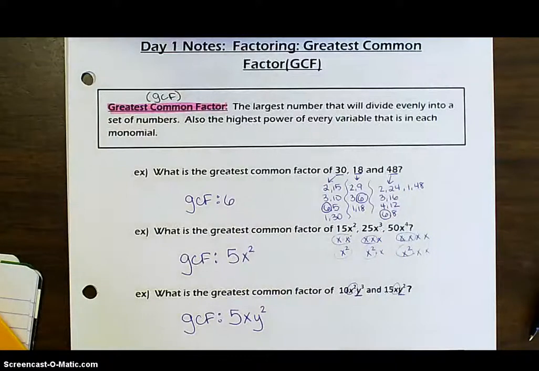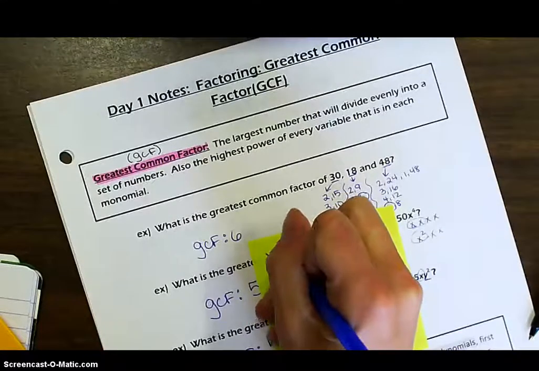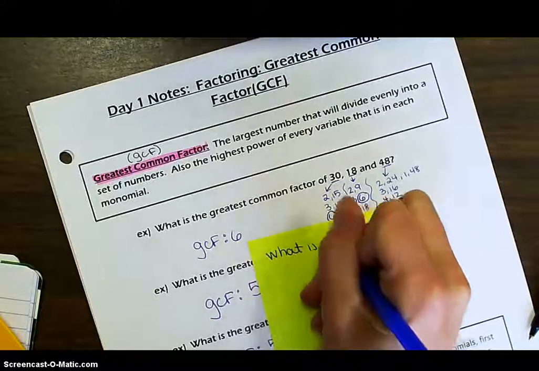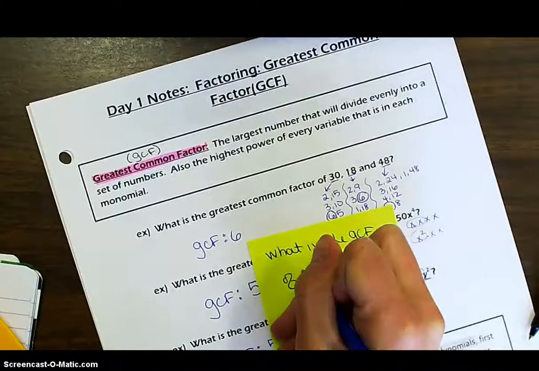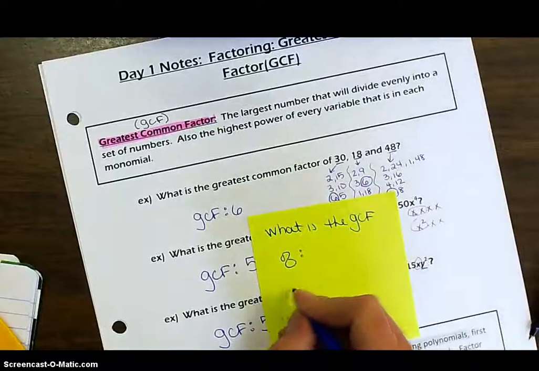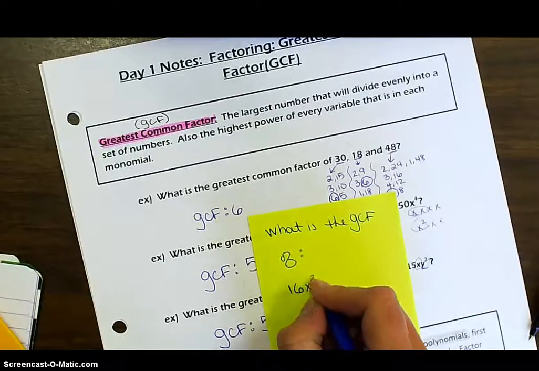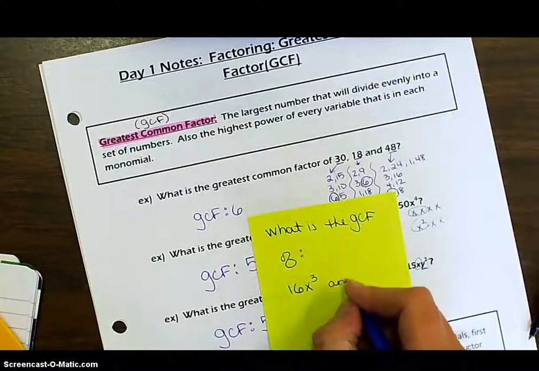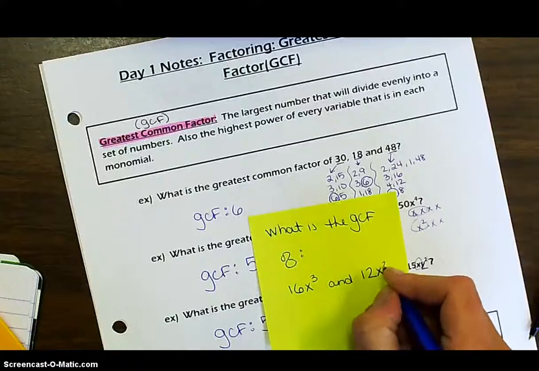All right, so now that we've practiced a little bit with GCF, I would like you to try one question on your own. What is the GCF of 16x to the third and 12x squared?